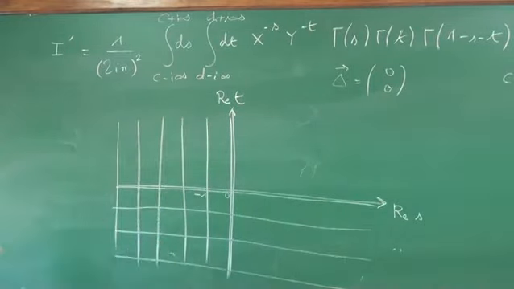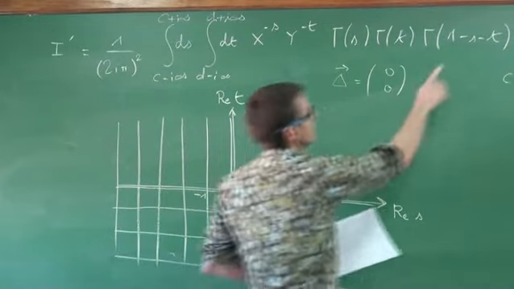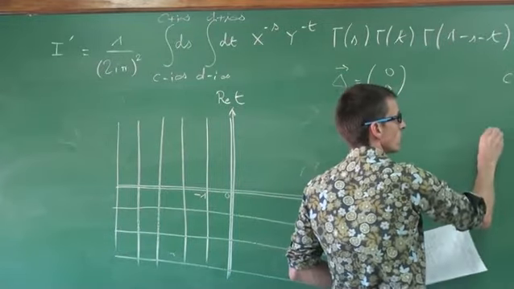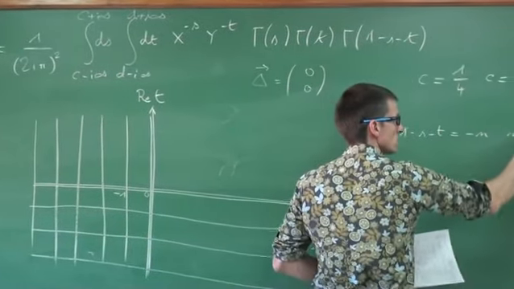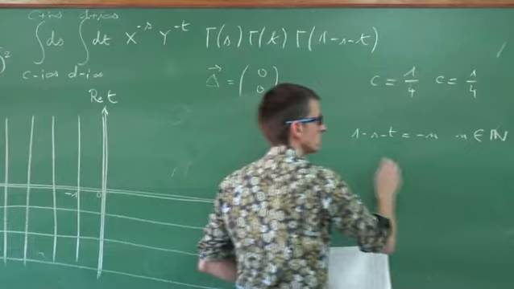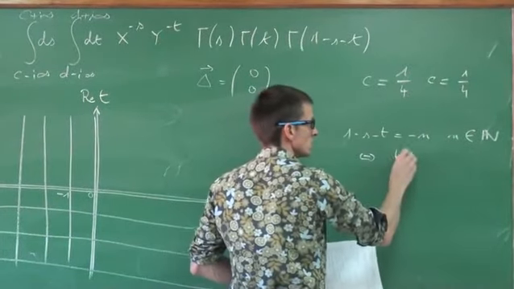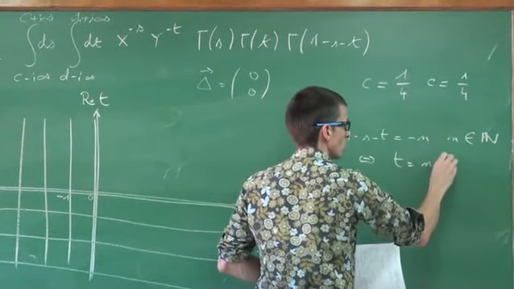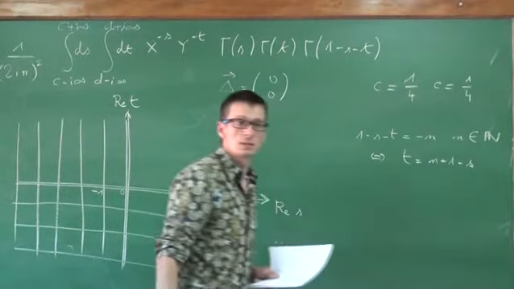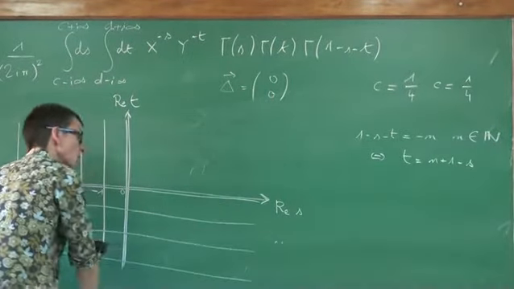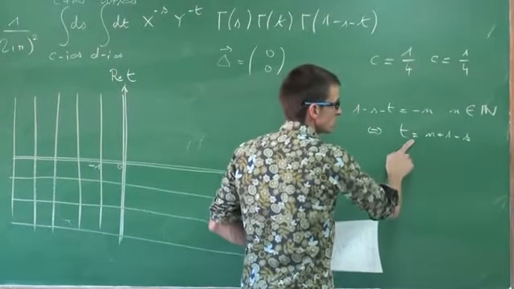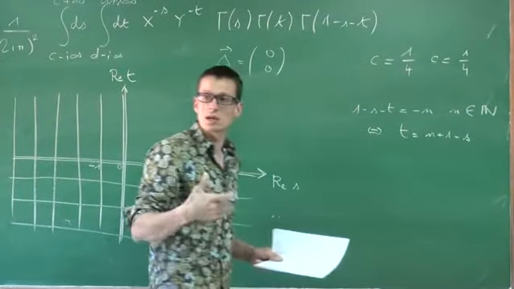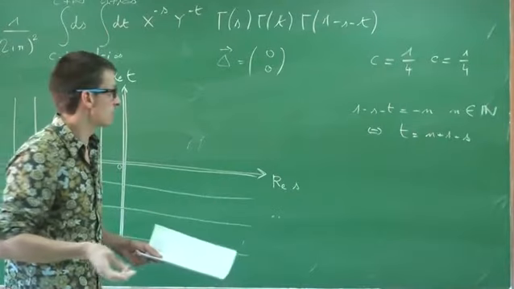Etc. Okay? Now, this 1 minus s minus t equal minus n with n in N, which is equivalent to t is equal to n plus 1 minus s. Okay. So when s is 0, t is n plus 1. In the case n equals 0, this is 1.